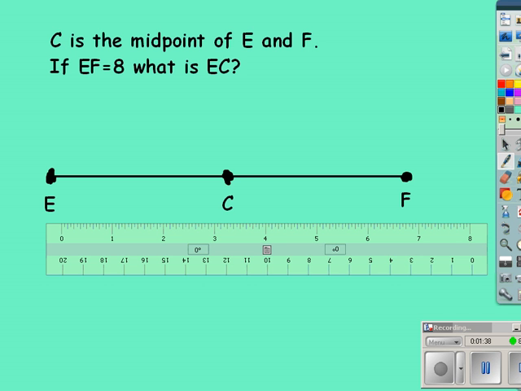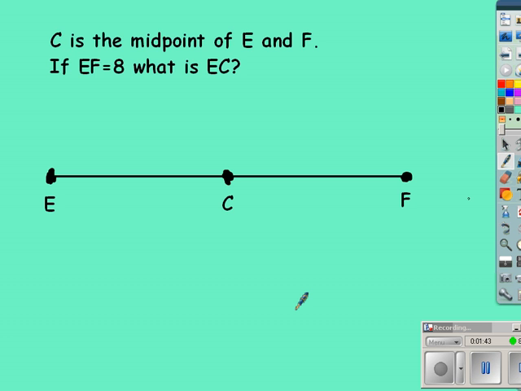So we're going to use that idea. Take a look at this question. C is the midpoint of E and F. If EF equals 8, what is EC? Take a second, pause, see if you can get the answer. All right. So if EF, the entire length of this line segment, is 8, and we know that C is the midpoint, it bisects segment EF, it goes right in the middle, so halfway would be 4 and 4.